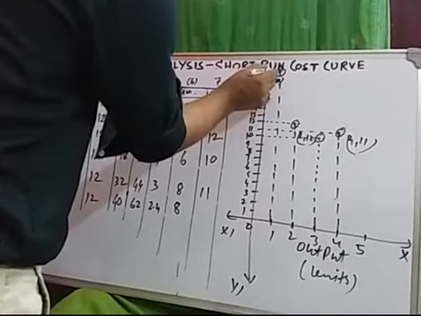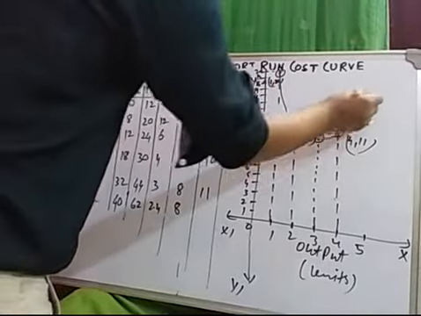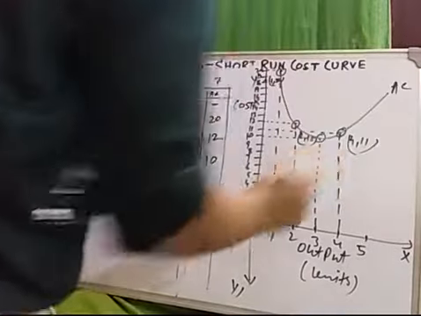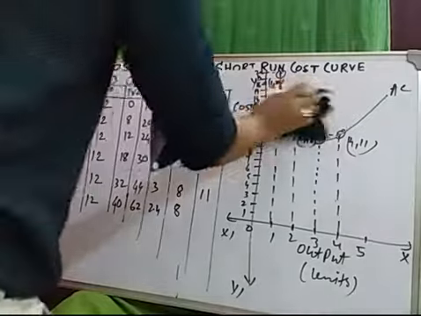If I add the point, then see, we can get the AC curve. So this is the AC curve. Clear?